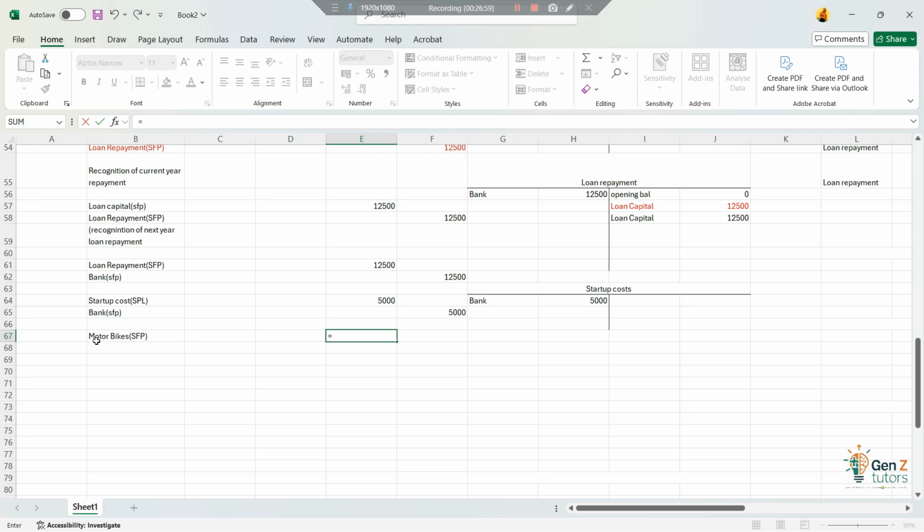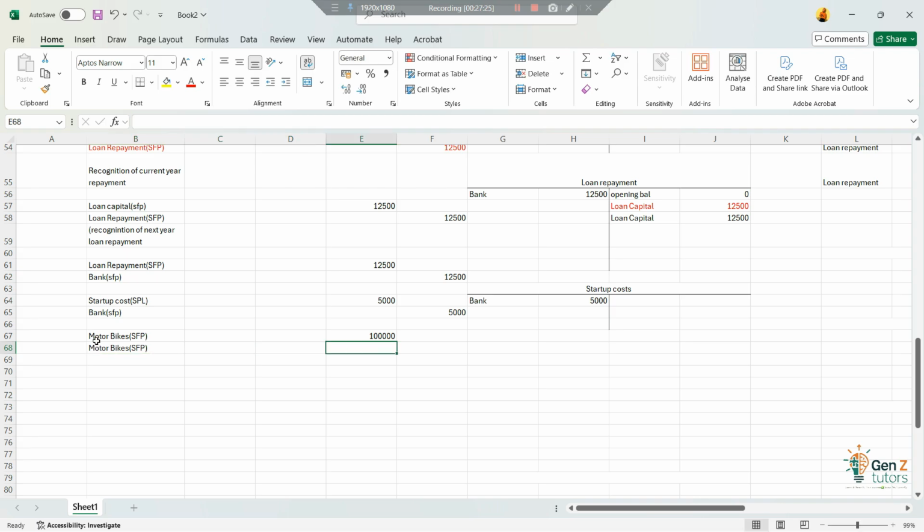And then you're going to say, okay, all these motorbikes are what? We purchased 3 motorbikes throughout the year. Actually, you can even just say we purchased 2 motorbikes at the beginning of the year, multiplied by 50,000, right? It's 100,000. And then you also purchased another motorbike, SFP, yes.